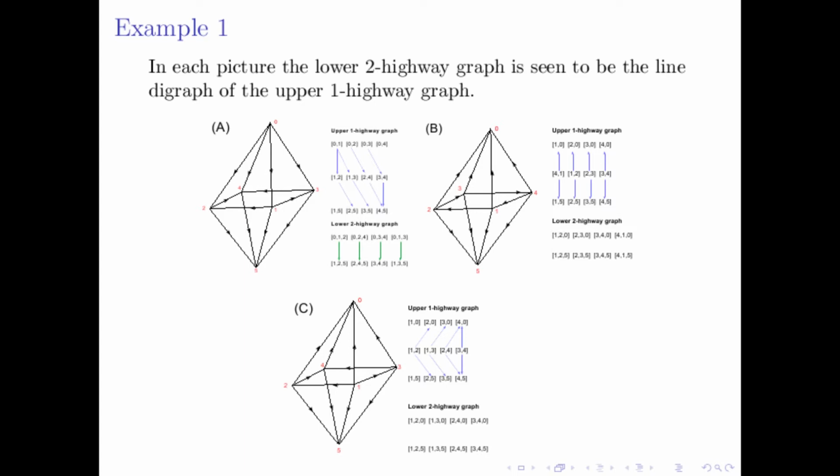If you look at this picture carefully enough, you'll see that for every path of length 2, you have a corresponding path of length 1 in the lower highway graph.